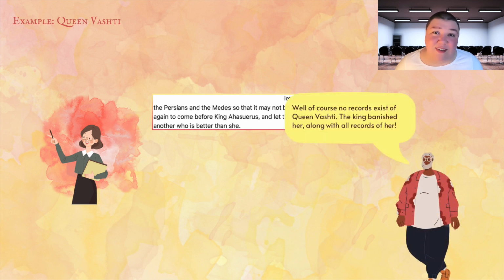Of course, there is no lasting record of her. King Xerxes commanded all mention of her to be removed from his empire, under penalty of death, no less. If you understand the story, then this comment of secondary sources is put to rest and placed under the proper light.